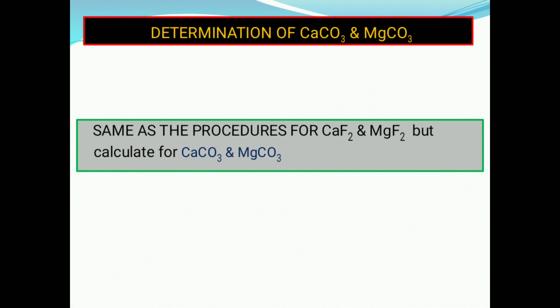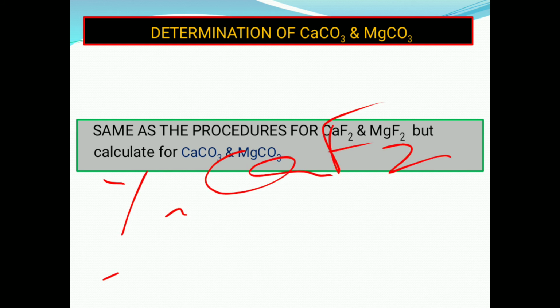Next, determination of CaCO3 and MgCO3. As we discussed earlier, the procedures are the same as for calcium fluoride and magnesium fluoride, but the calculation is for CaCO3 and MgCO3. Let me give you one example. If it is percentage of CaF2 calculation, then we got weight of CaO.